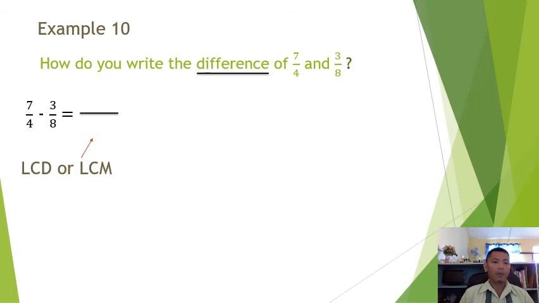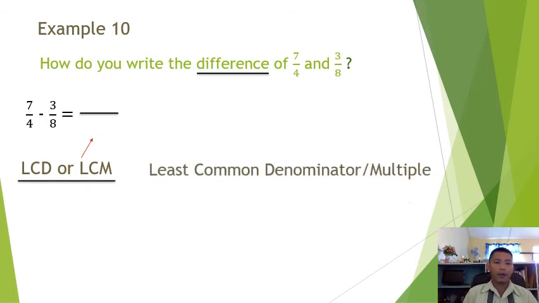What's the meaning of LCD or LCM? LCD or LCM means least common denominator or least common multiple. How do we find the LCD or LCM of 4 and 8?